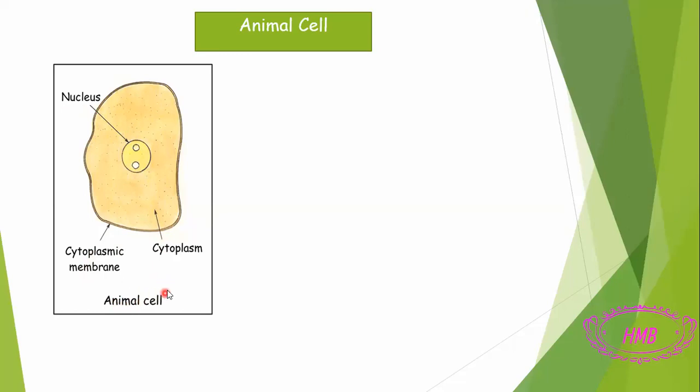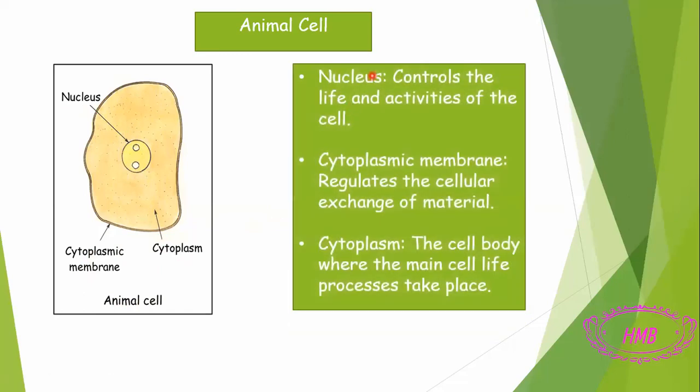So the animal cell is made up of three parts. The first part, we call it the cytoplasmic membrane, which is the outer covering. Just like any room has walls, the limits or the border of the animal cell, we call it cytoplasmic membrane.